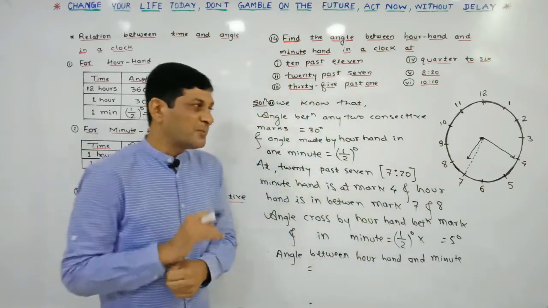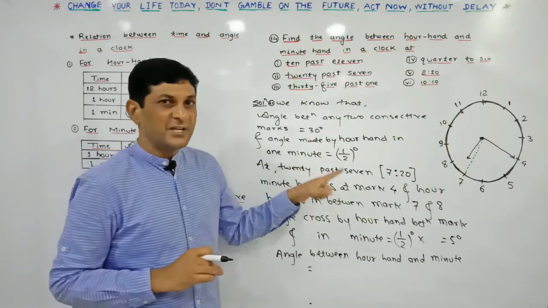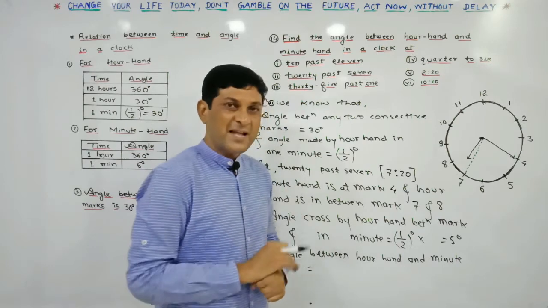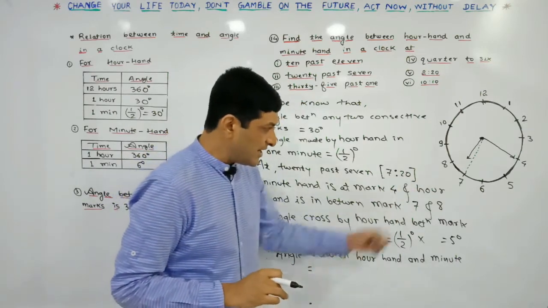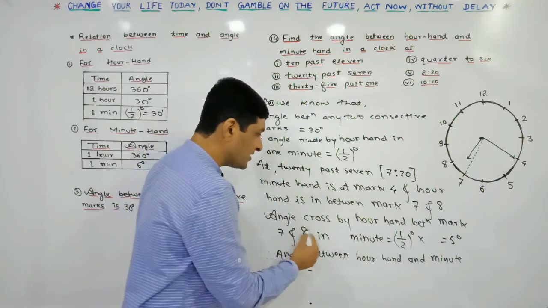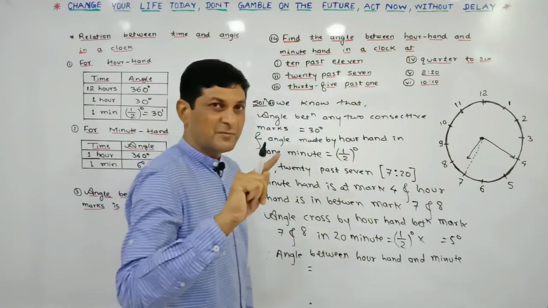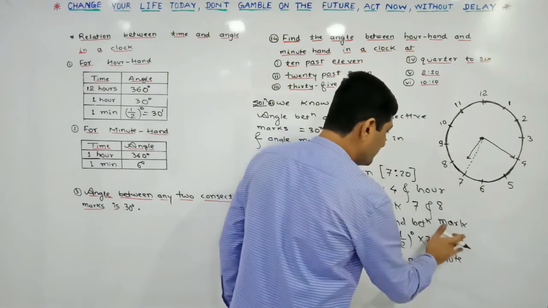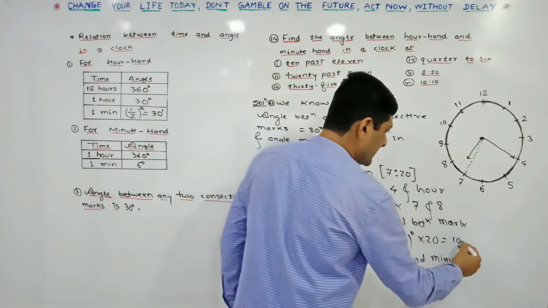For that purpose we are using this result: the angle made by the hour hand in 1 minute is half a degree. So the angle crossed by the hour hand between marks 7 and 8 in 20 minutes: the angle made in 1 minute is half a degree, therefore the angle made in 20 minutes will be equal to, 2 tens are 20, so here we will get 10 degrees.